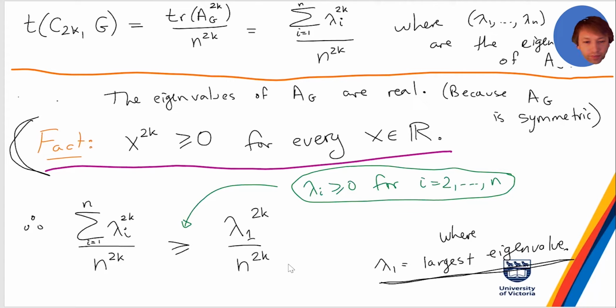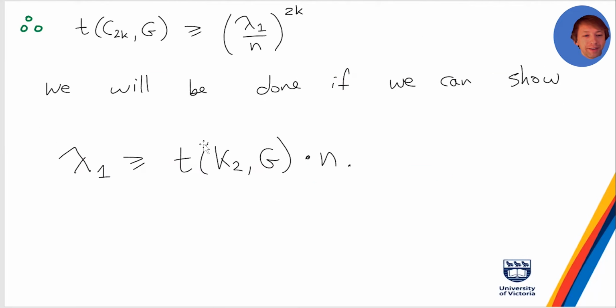So what I want to do is show that lambda 1 is big. If I can show that lambda 1 is big, then that gives me a good lower bound. The bigger I can show lambda 1 is, the better lower bound I get on this thing. I'm not even sure what principal eigenvalue means. I guess it's equal to the spectral radius, if you like that terminology.